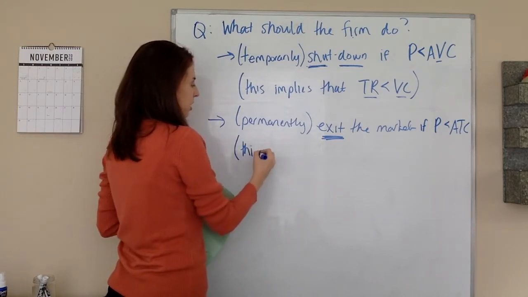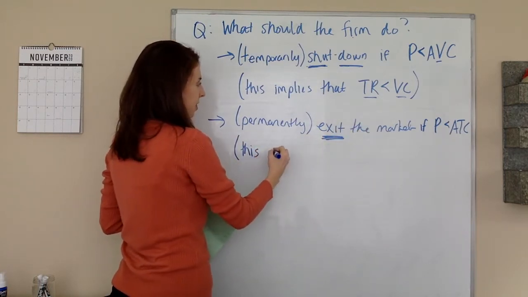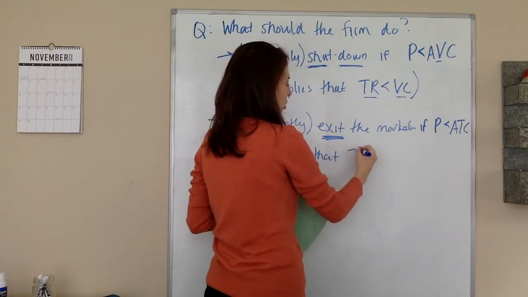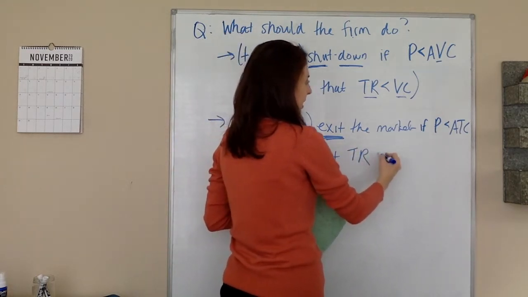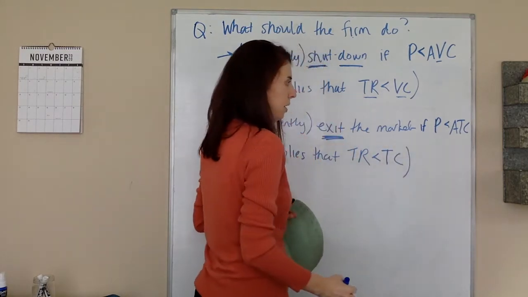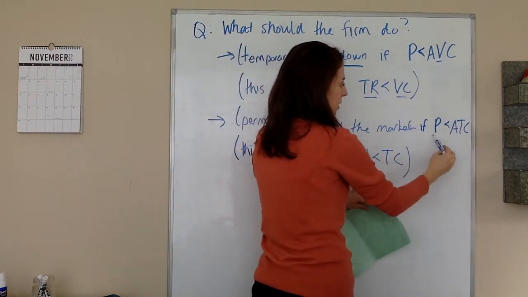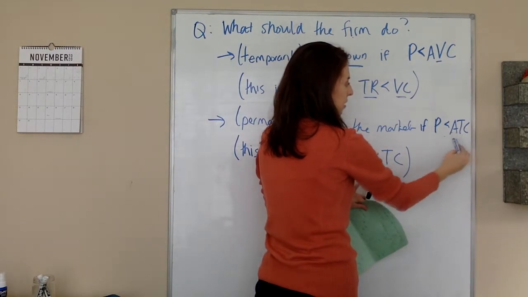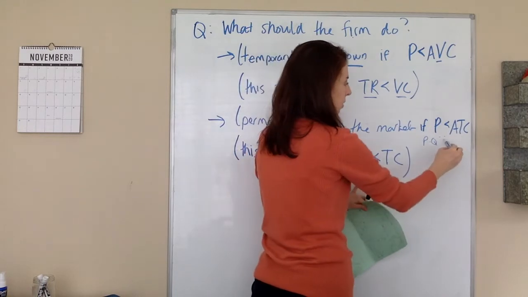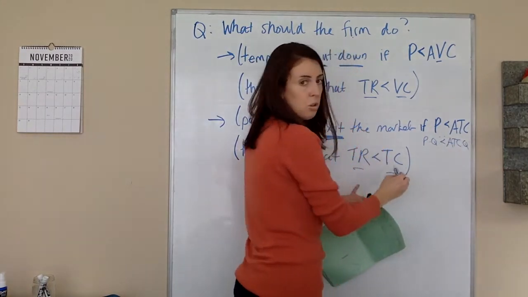He should exit the market in this case because if the price is less than the average total cost, this implies that the total revenue he's bringing in is less than the total cost that he has to pay to be in business. Again, the reason this is equivalent is because you can multiply both of these by Q. Price times quantity is total revenue. Average total cost times quantity is total cost.